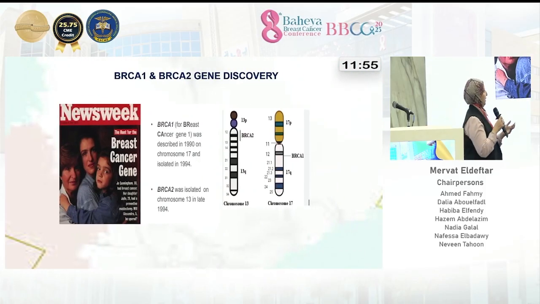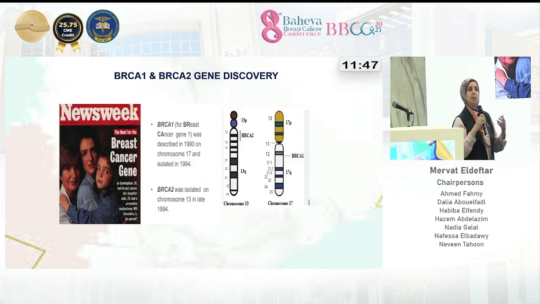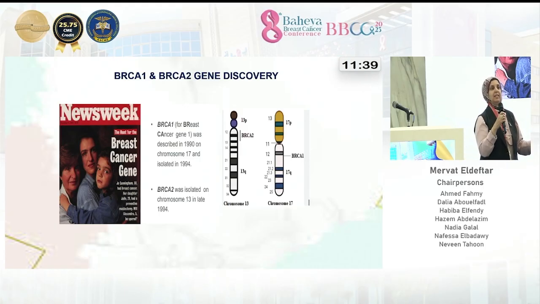This is a very famous story about a very brave breast cancer patient in the USA. She went to her doctors and told them, I had breast cancer, and not only me, all the females in my family had breast cancer.